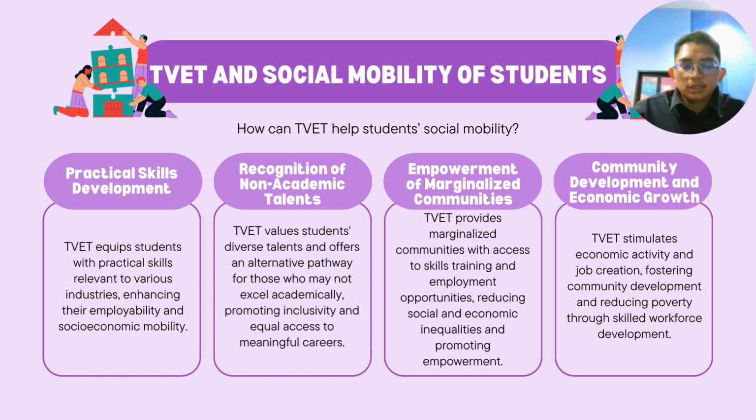So the third point is empowerment of marginalized communities. What are marginalized communities? Marginalized communities are basically communities that are separated due to having small numbers of certain people of their races or common characteristics.